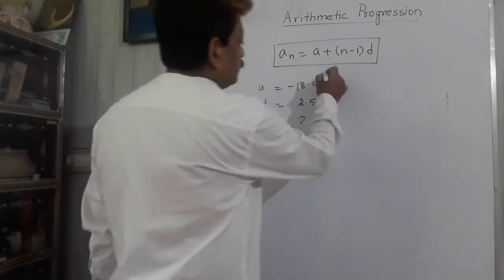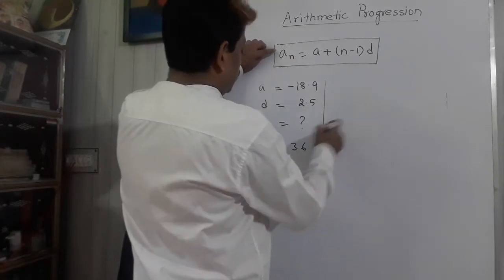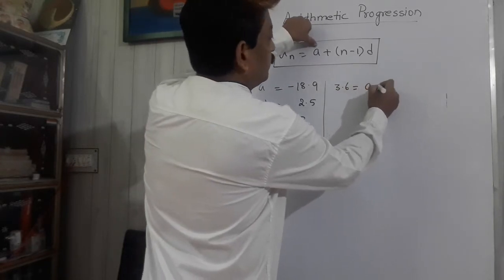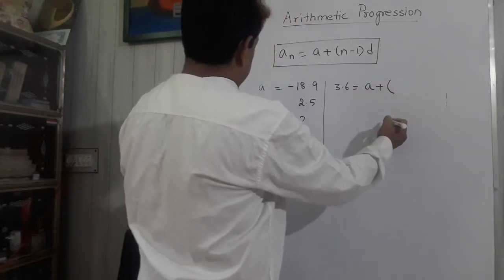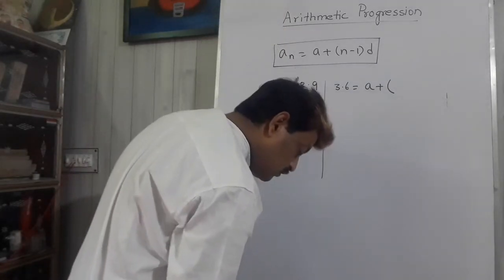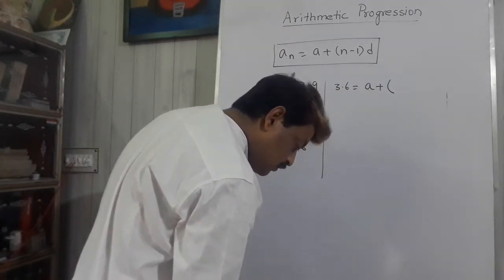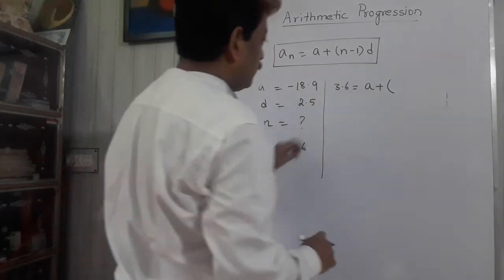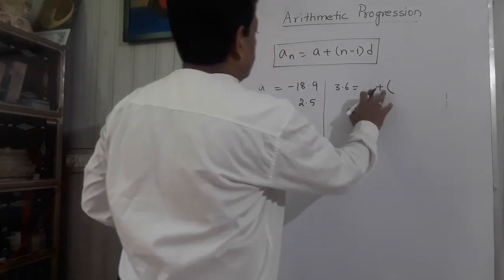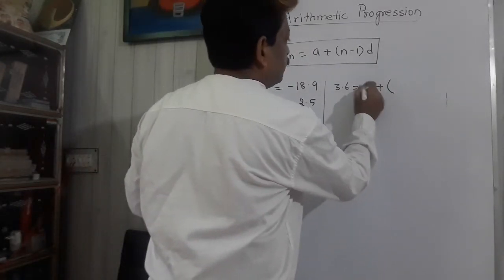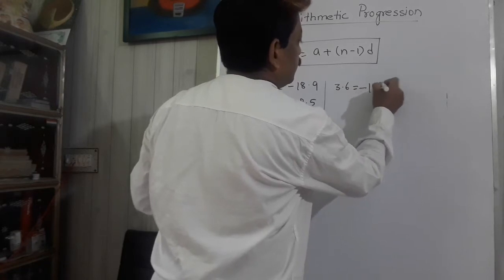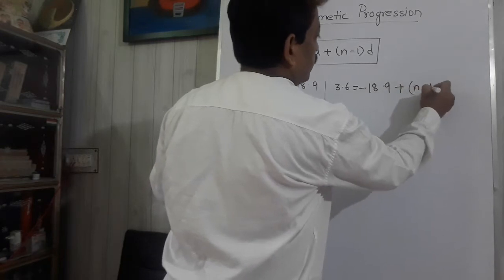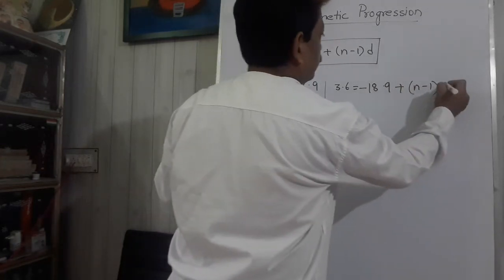So let us use the formula. an is 3.6 equals a, minus 18.9, plus n, not given, we have to find, minus 1, times d, which is 2.5.